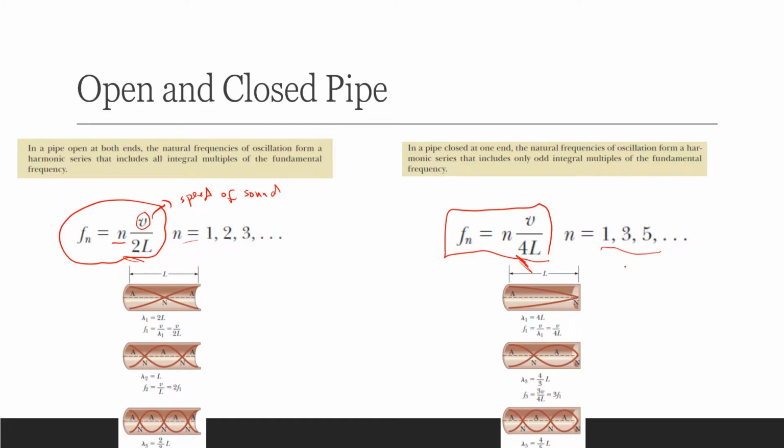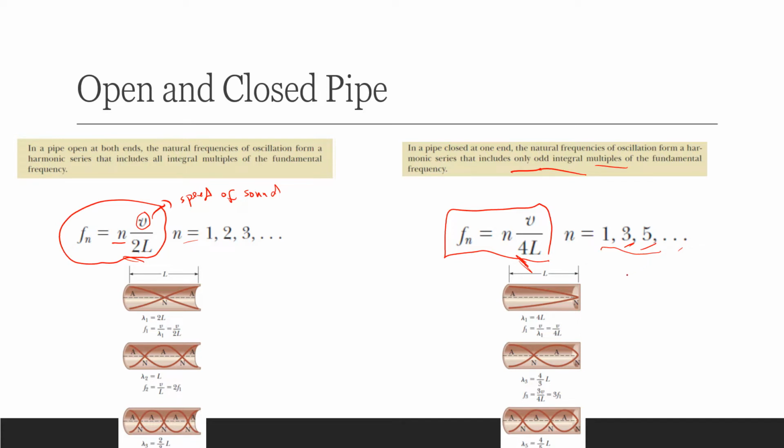For a closed pipe, the natural frequencies of oscillation form a harmonic series that includes only odd integral multiples of the fundamental frequency. When n equals 1, that's our fundamental frequency f1. When n equals 3, that will be our third harmonic, then the fifth harmonic, seventh harmonic, ninth harmonic, and so on. So there are no even harmonics in a closed pipe.